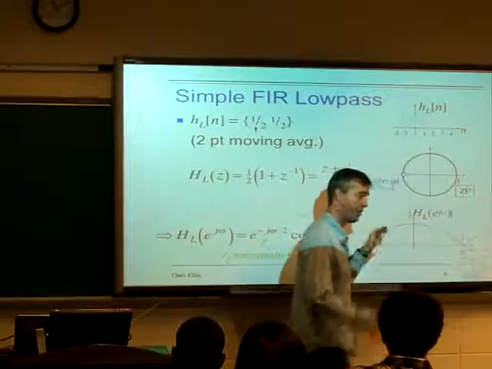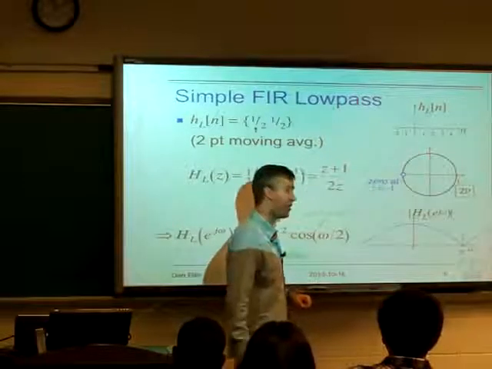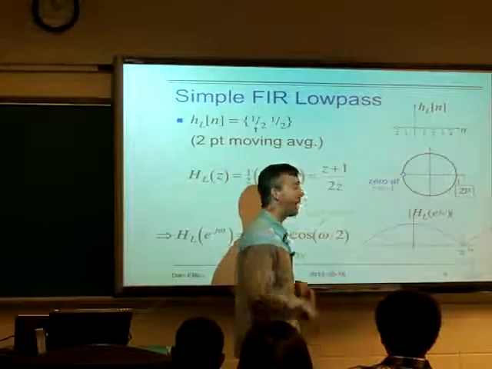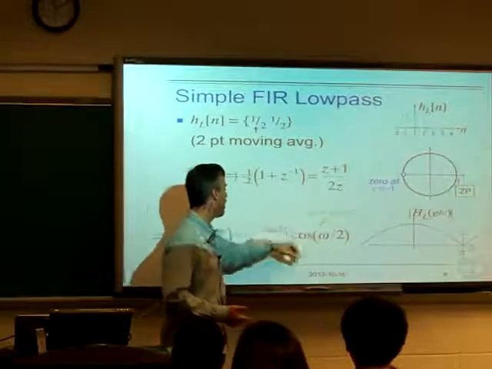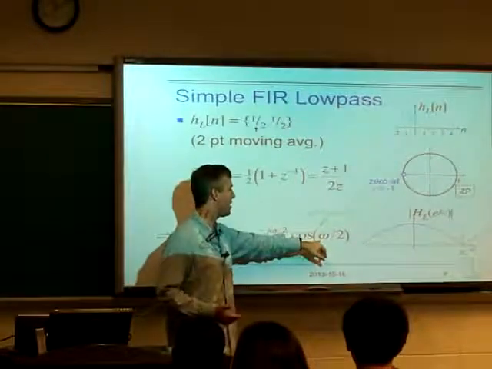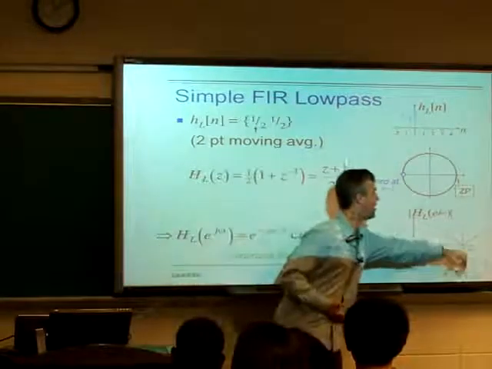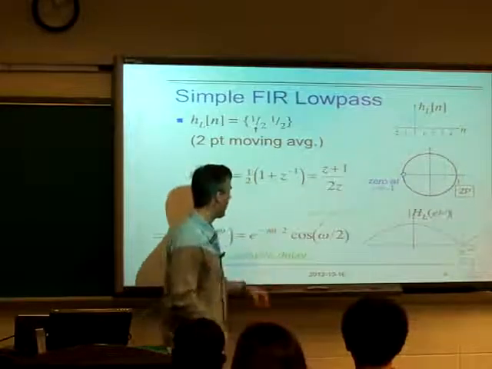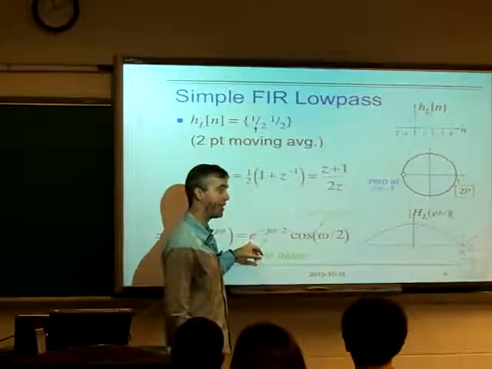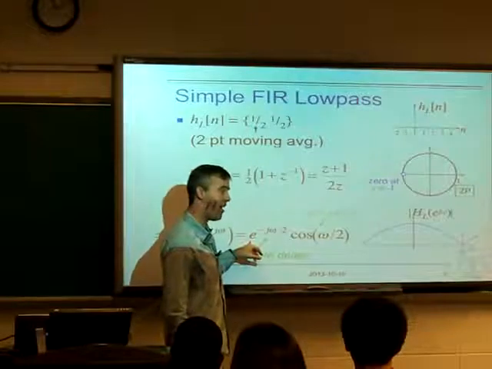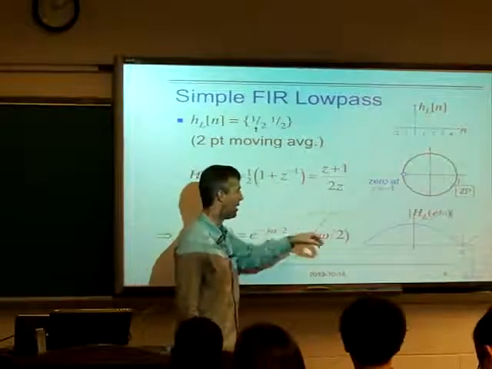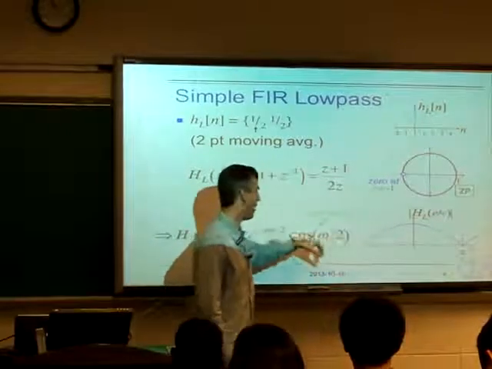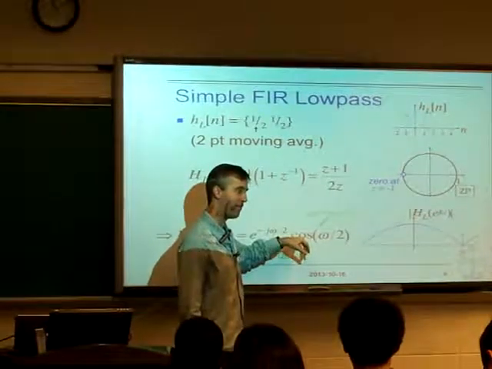So this magnitude of cosine omega on 2 is periodic in 2 pi. And it turns out that that's basically what's happening. It's not quite so clear here, but at the same time as you get this thing flipping its sign here, this term is basically giving us an e to the j pi, which is a negative 1, and so it really is flipping the sign to make this whole thing periodic in 2 pi.